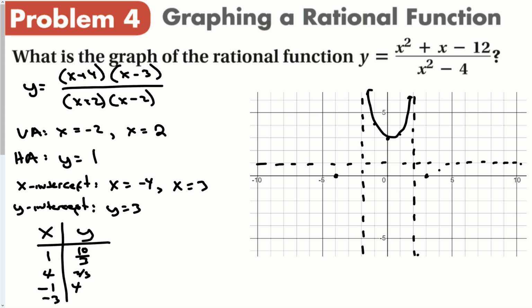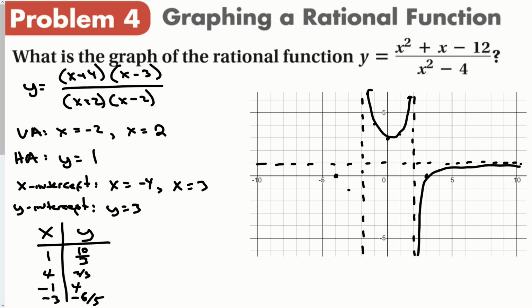So we're going to get something that looks like that. And we're probably going to get the same thing over here. Just to be sure, let's plug in negative 3, and we get negative 6/5, which is a little bit less than 1. So we get something like that.